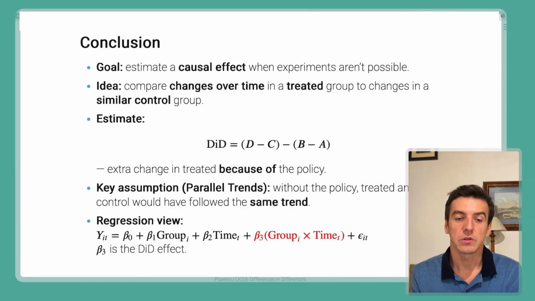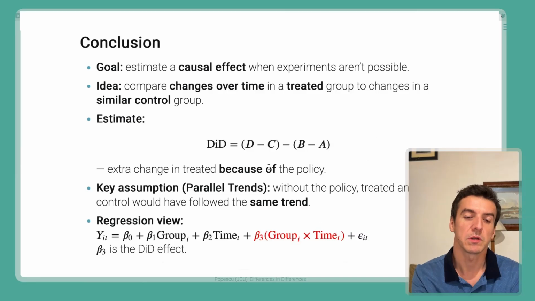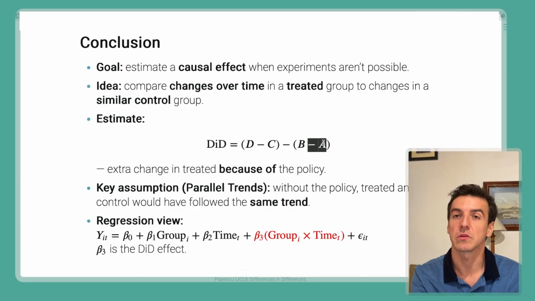So what we want to do is compare changes over time in a treated group to changes over time in a control group. So we're interested in the difference between D and C and B and A. D minus C is the changes over time in the treated group. B minus A is the changes over time within the control group.